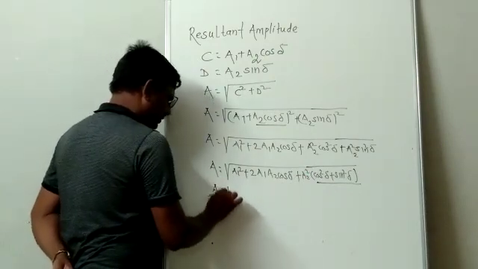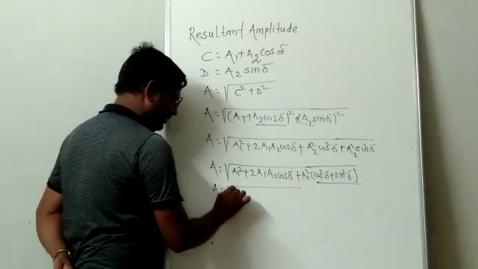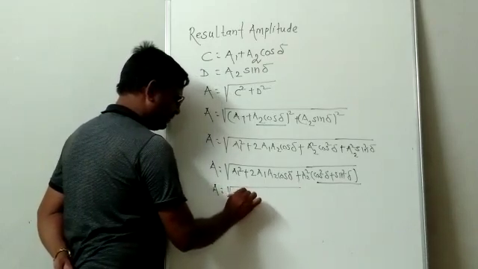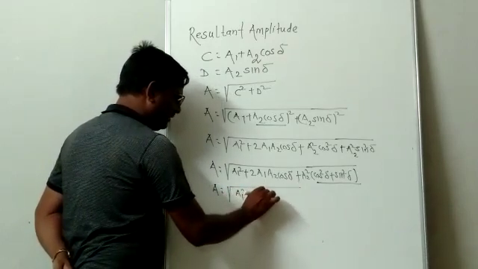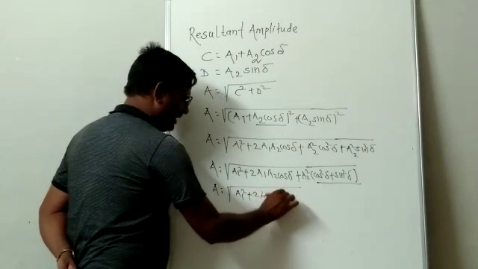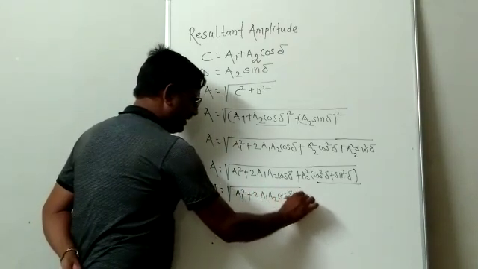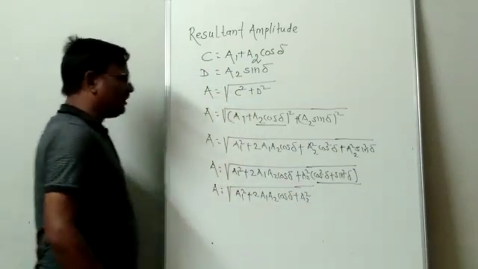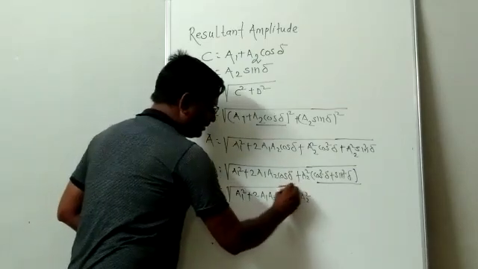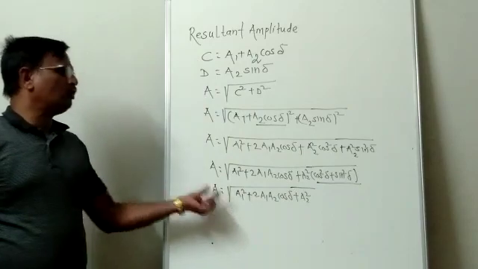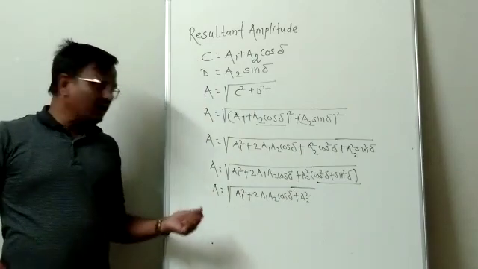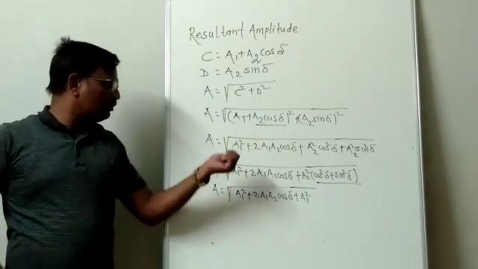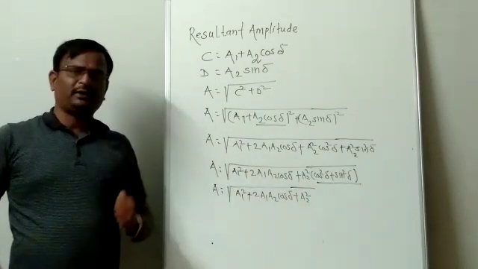So A is equal to the square root of A1 square plus 2A1 A2 cos delta plus A2 square. This is the equation I am getting. This is the resultant amplitude of two SHMs.